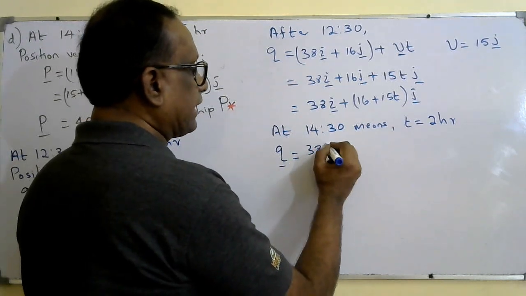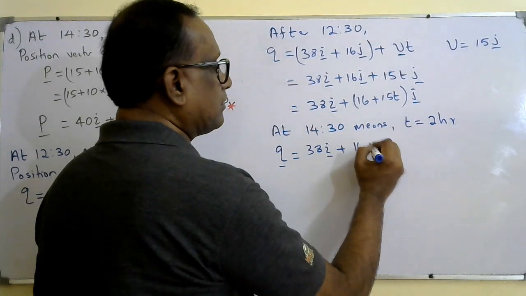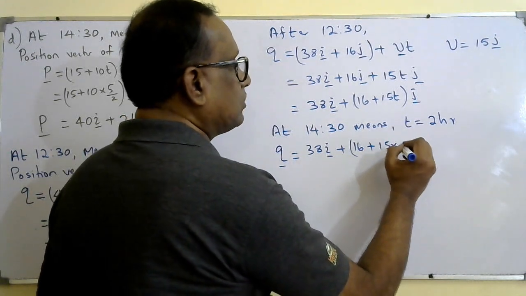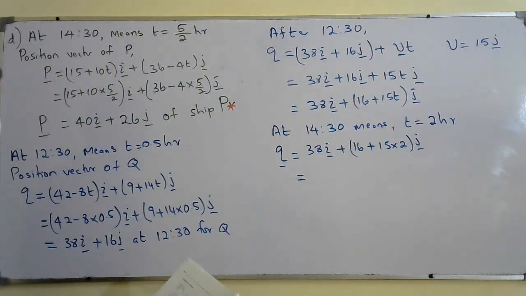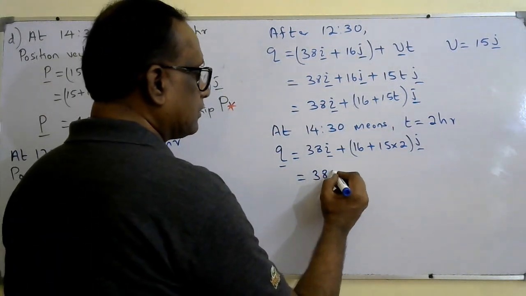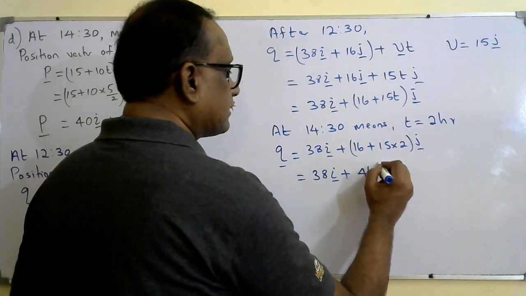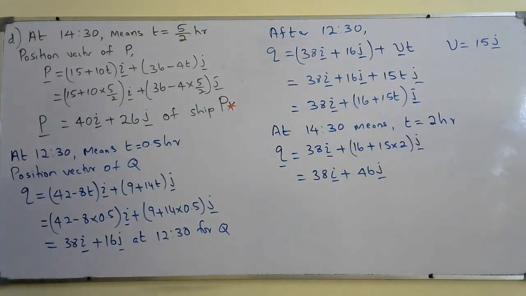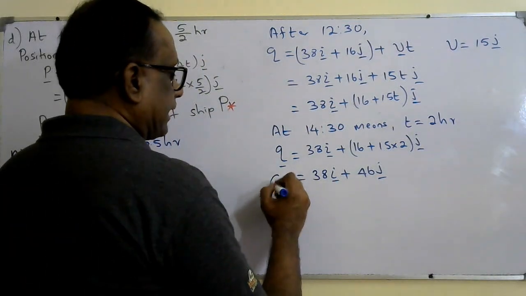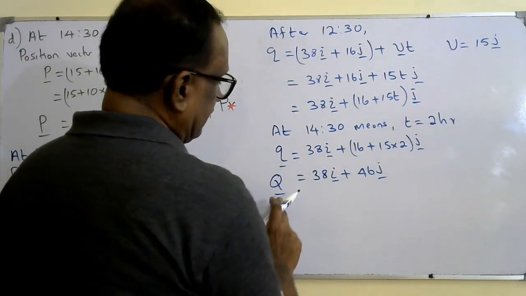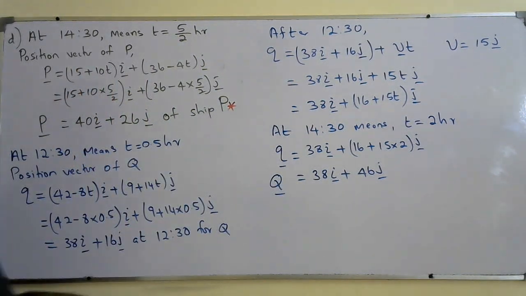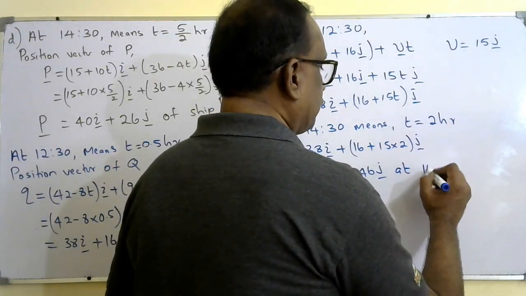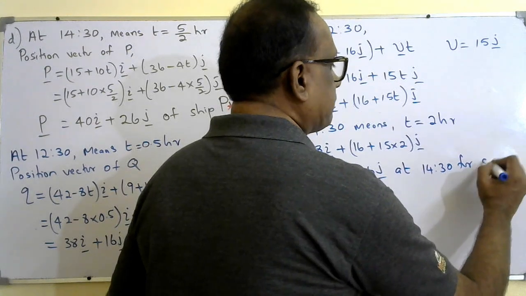That's going to be 38i plus 16 plus 15 into 2 j, so 38i plus 46j. I can call this OQ, just as this is OP, at 14:30 for ship Q.